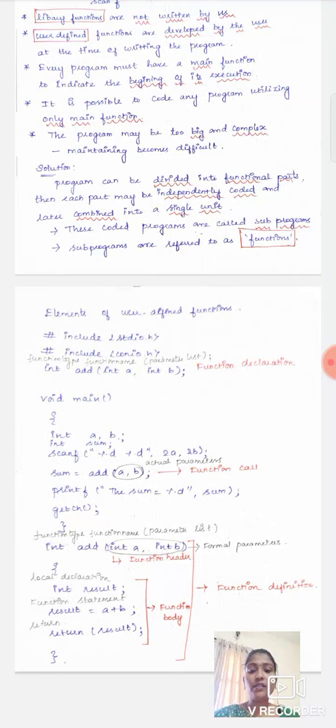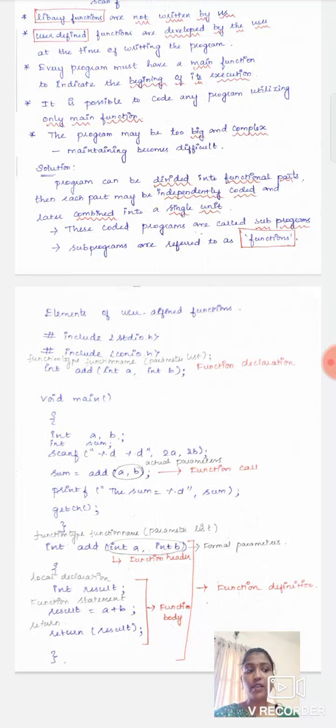The below part is the function definition. The function definition has two parts: function header and function body. The function header is divided into three parts: function type, function name and parameter list. Function type specifies the type of value that the function is expected to return to the program calling the function.